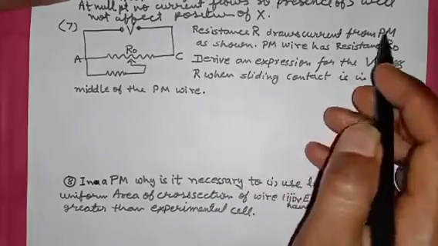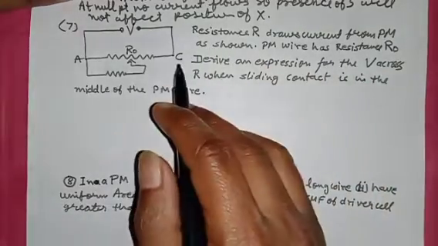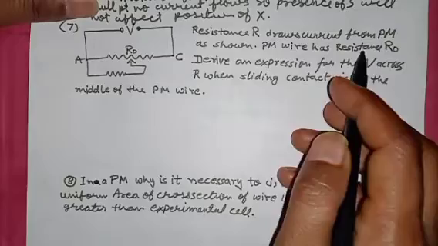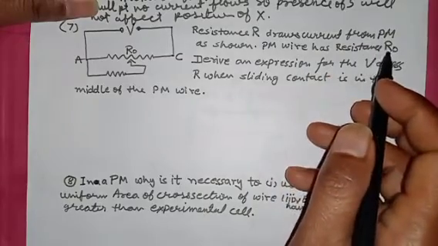Resistance R draws current from the potentiometer as shown. The wire has resistance R naught.